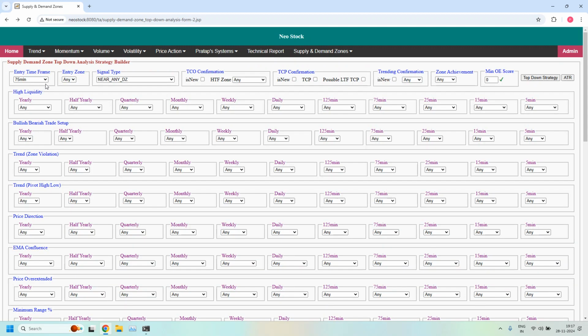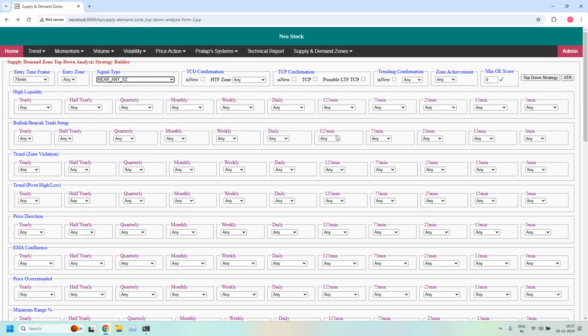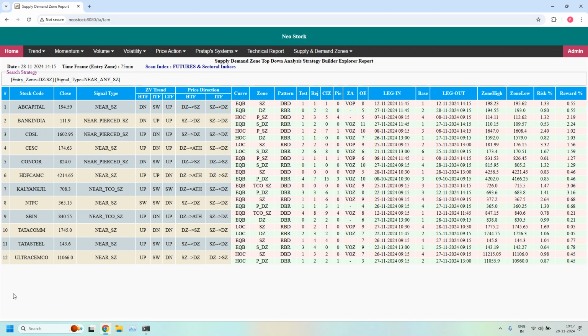Okay, next for 75 minutes time frame, let's find the stocks near 75 minutes supply zone. 12 stocks are filtered. Let's find high liquidity 75 minutes supply zones. We don't have any 75 minutes high liquidity supply zones from this list.